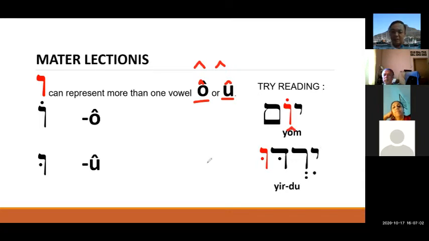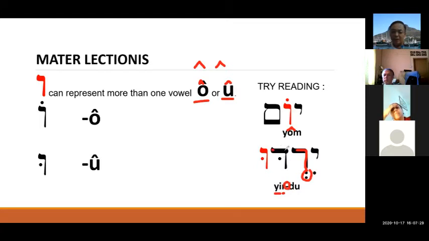The other one here is Yod with the Hirik. Yod with the Hirik: Y-I, E. Then you have a resh, which is this one, and this is actually a silent schwa, so we represent that with a little dash here.